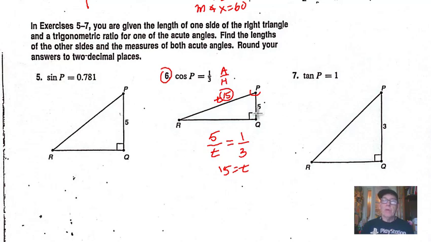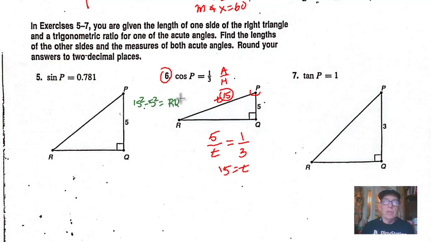Now we could do the Pythagorean theorem and find out what this other side is by doing 15 squared minus 5 squared, and that's going to be RQ squared. So using the Pythagorean theorem, we've got the hypotenuse squared, 15 squared, minus one of the sides squared, minus 5 squared, equals RQ squared.